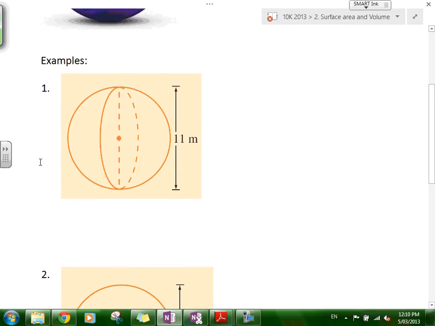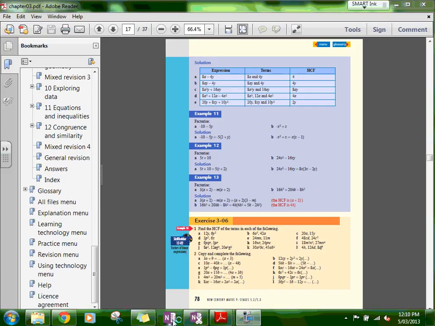The first one is, we have a sphere with a diameter of 11 meters. What is the radius of this sphere? What's the radius of a sphere? Somebody tell me.